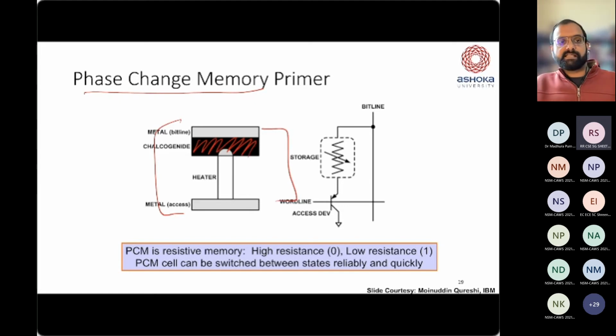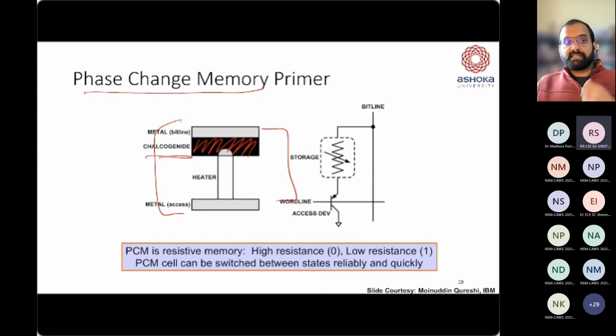This material's state can be changed from amorphous to crystalline by the application of a specific current pulse for a specific duration, right? Let's not go into details of how much current and for how long is required. What is important to note here is that there is one material, this chalcogenide material, that can be stored in either the amorphous or the crystalline form, and you can go interchangeably between the two states.